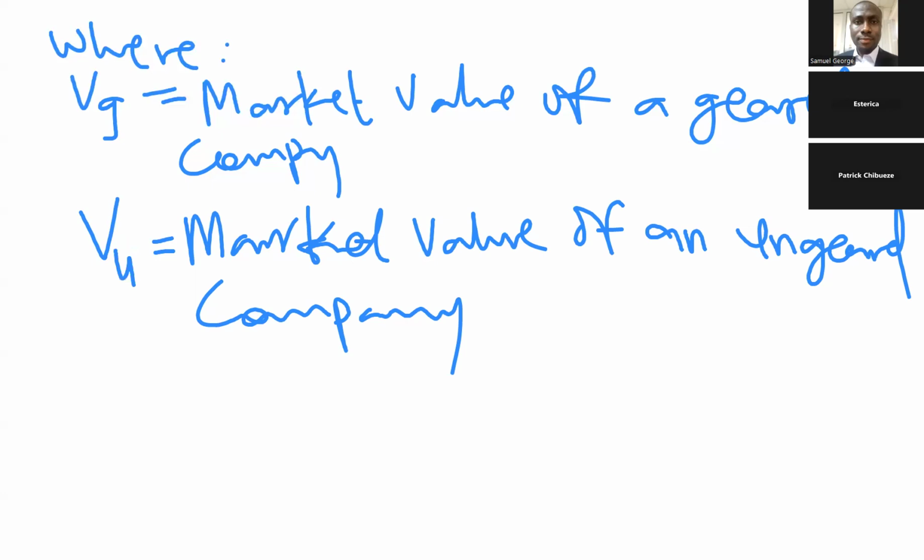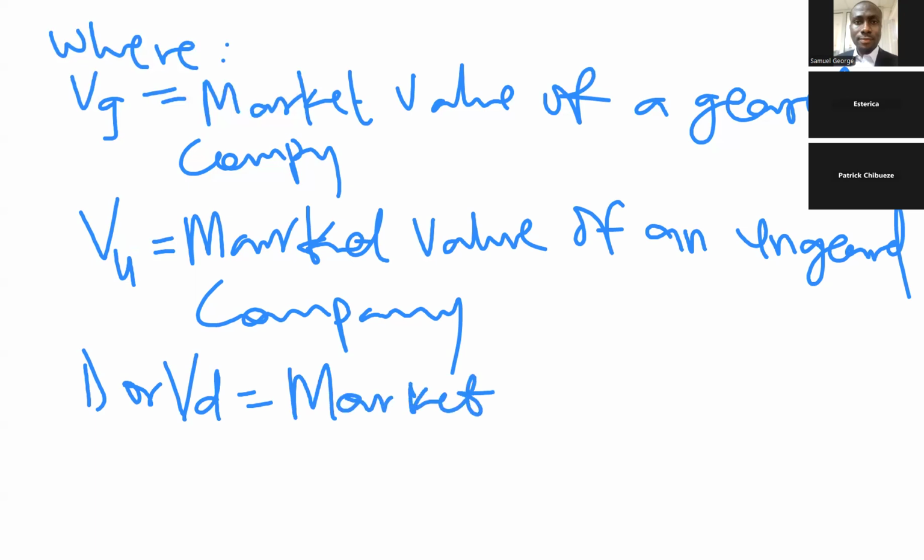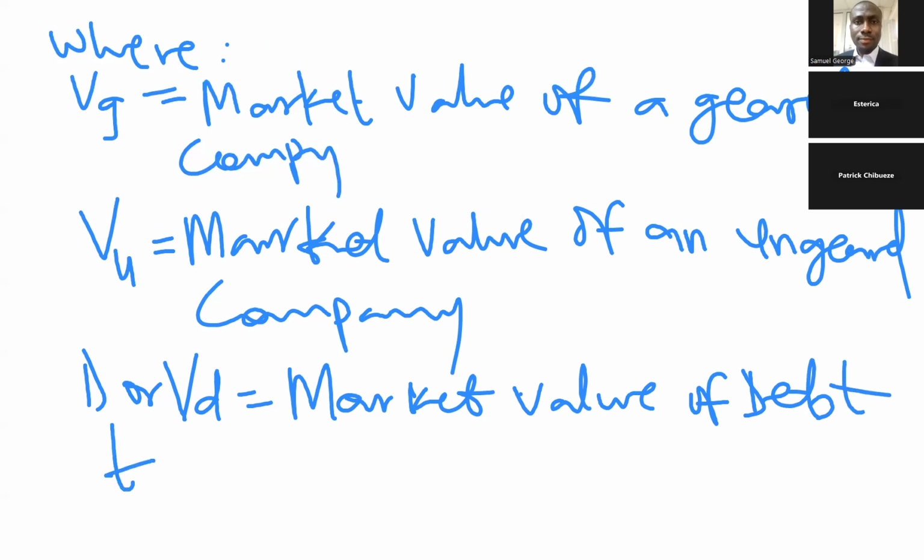Then DT. D is the market value of debt. Then T is the tax rate.